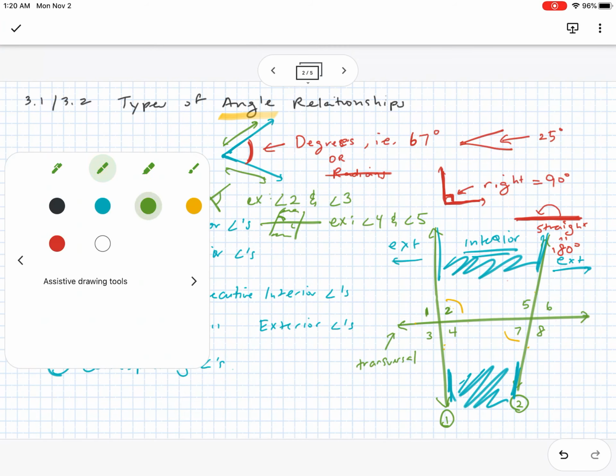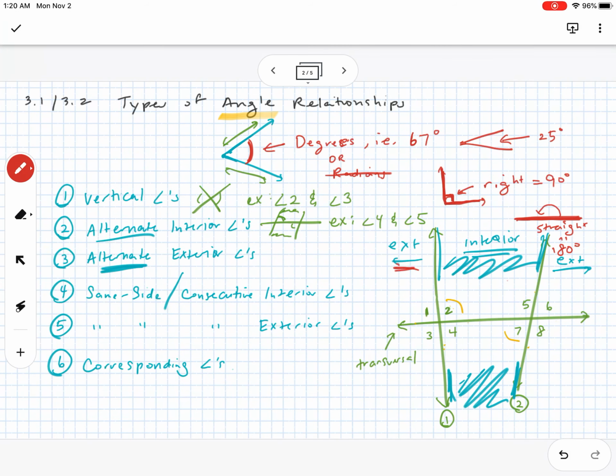Okay, and so alternate exterior then is the same idea, except we look at the exterior angles, right? So here they are, 1, 3, 6, and 8. And then we want to think about them as alternating. So 1 and 8, right? Or 3 and 6. Right? So an example would be angle 3 and angle 6.